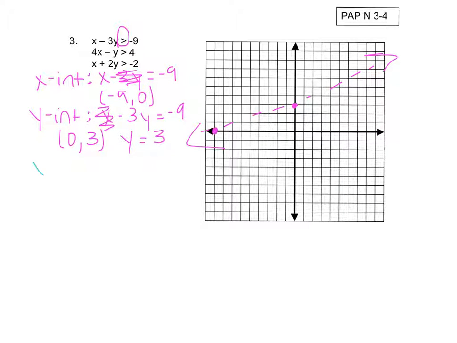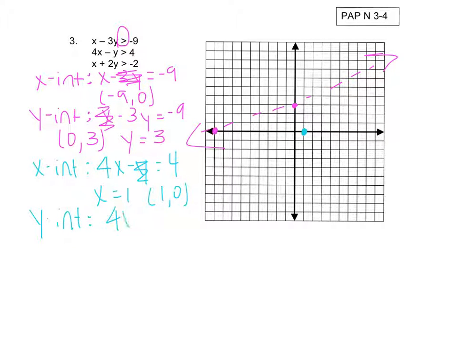Okay, second one, x-intercept. x would be 1, so 1, 0. y-intercept. x is 0, so make sure not to cover the negative up. y is going to equal -4.